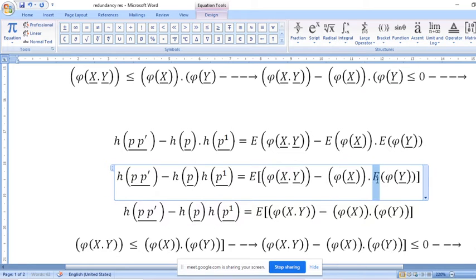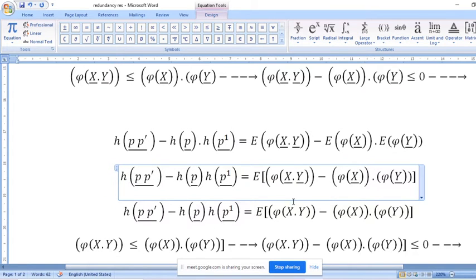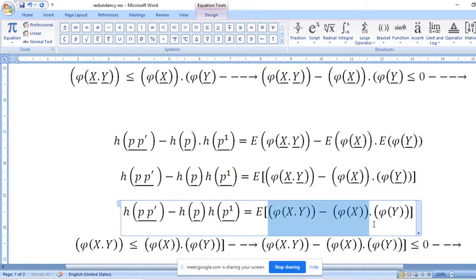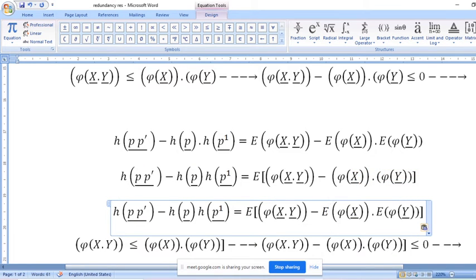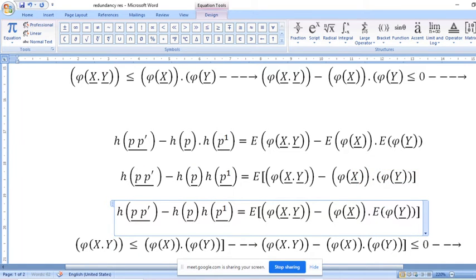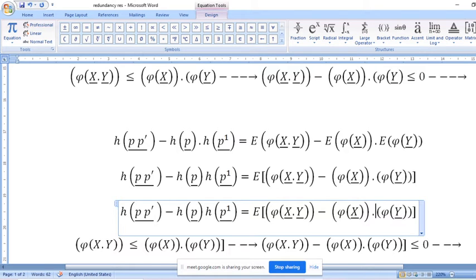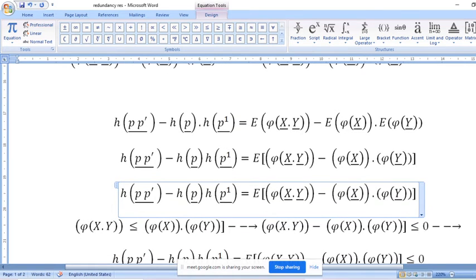You can remove this expectation. Yeah, this will be the next step. Okay. So we can apply.